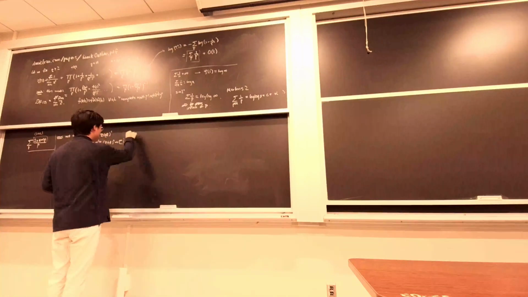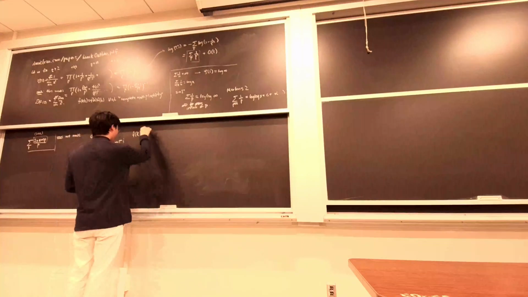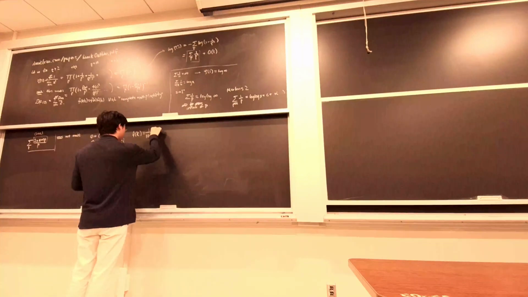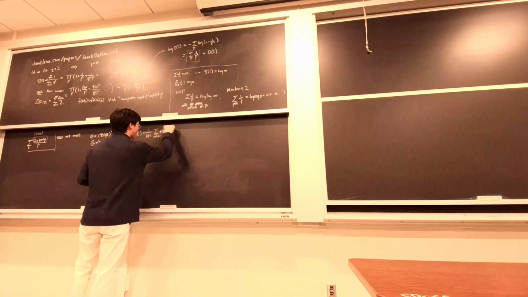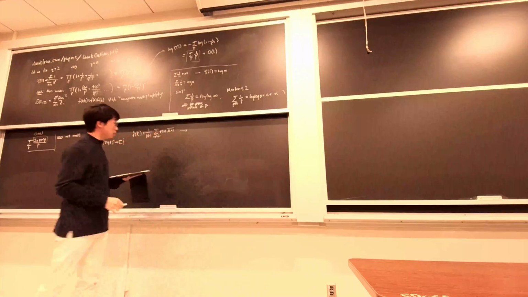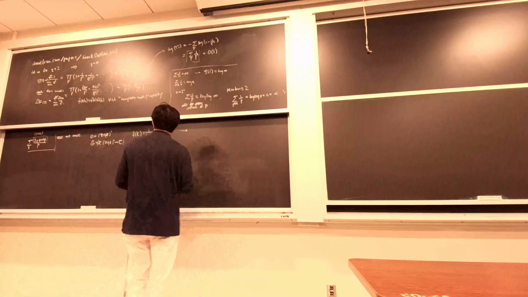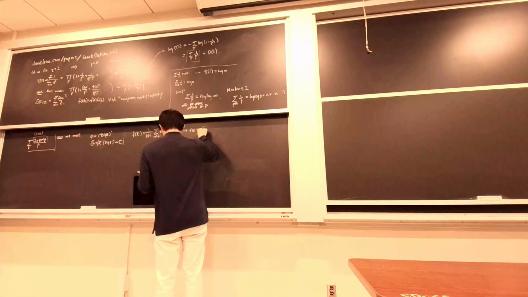We define the Fourier transform as follows. And there is also a Fourier inversion formula. For the people who have seen the Fourier transform on the real line, the formulas should look pretty familiar.